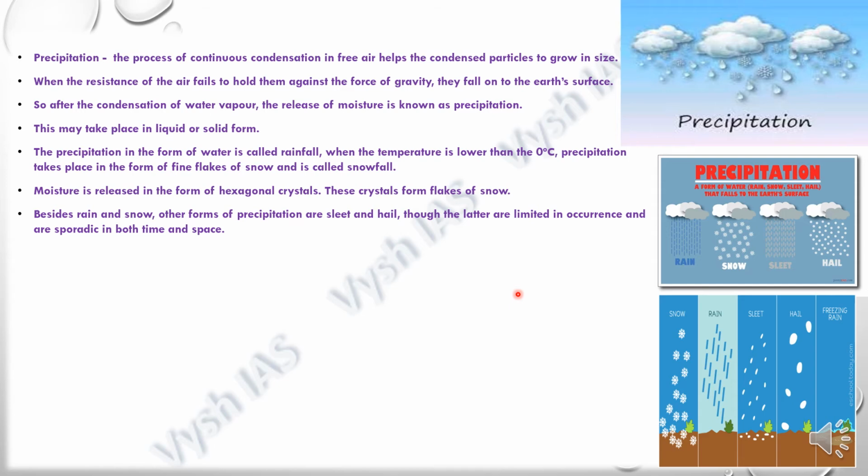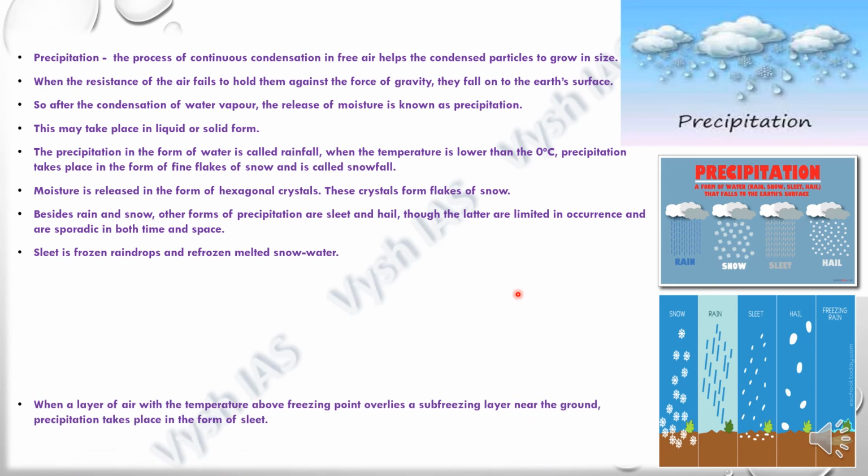Besides rain and snow, other forms of precipitation are also there, like sleet and hail, though the latter are limited in occurrence and sporadic in both time and space. Sleet is frozen raindrops and refrozen melted snow water.